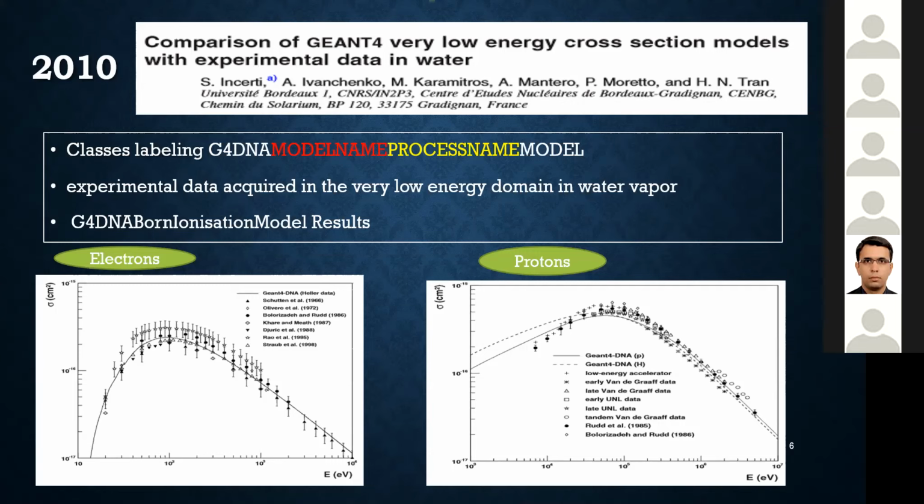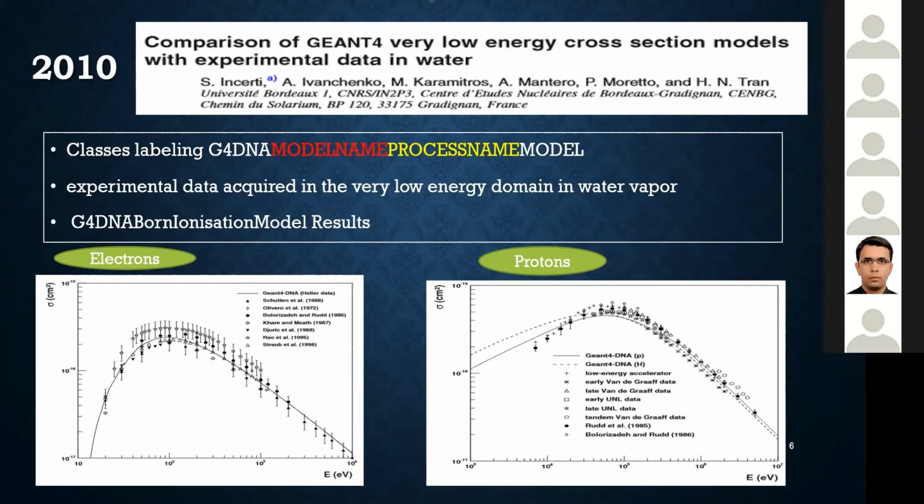Because we are working in the low energy domain, there is a high probability that there won't be transmission of our projectile, so it will get trapped in the target. For this reason, the experimental data is acquired in water vapor. And considerations were made in order to compare it with the liquid water model of Geant4-DNA.